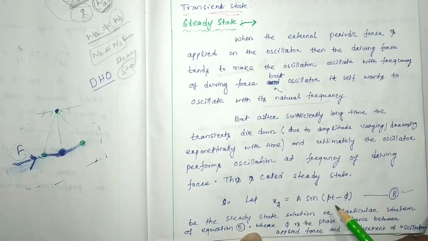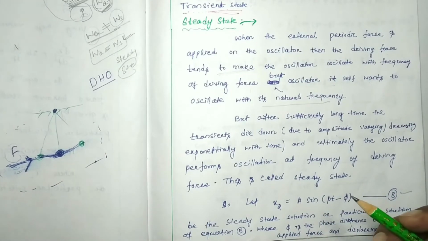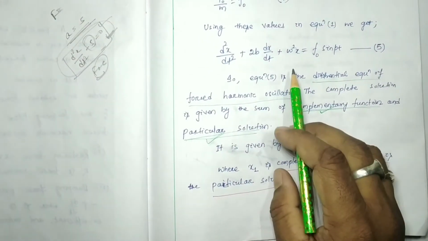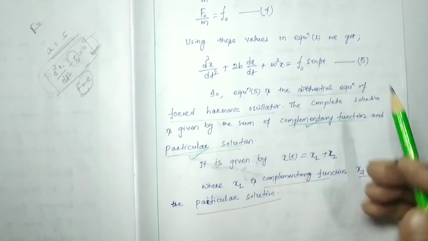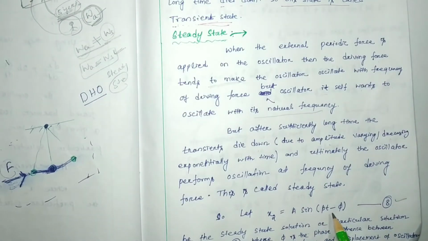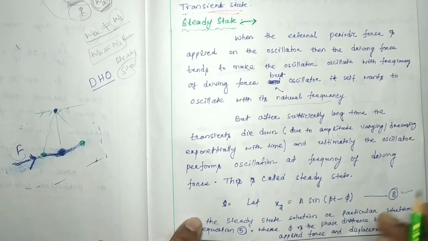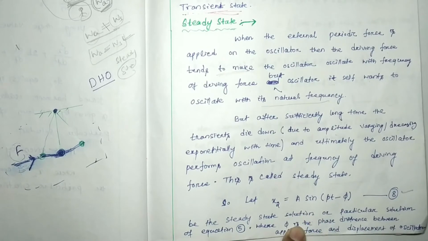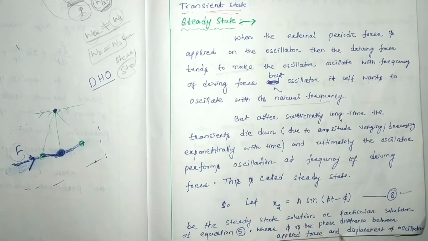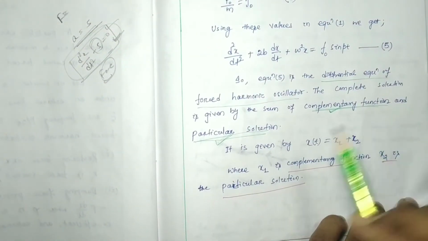at another time I can show you, or I can give one example: if we consider this type of differential equation, then the particular solution will be in the form of this one. You will study this in your another core paper, so don't worry about that, but I will give one example of this type of differential equation, which has a complementary function and a particular solution.